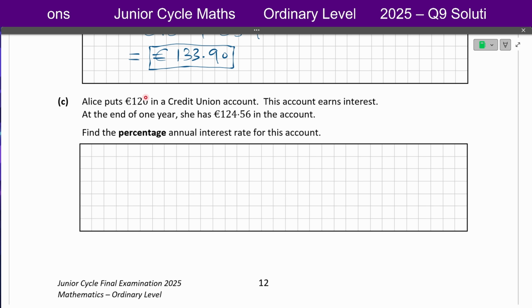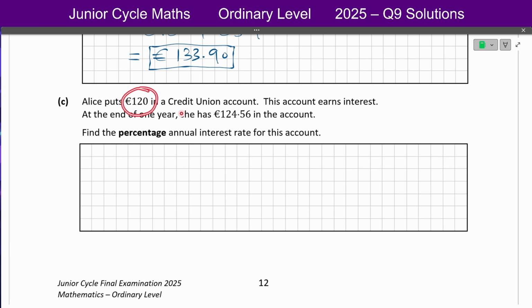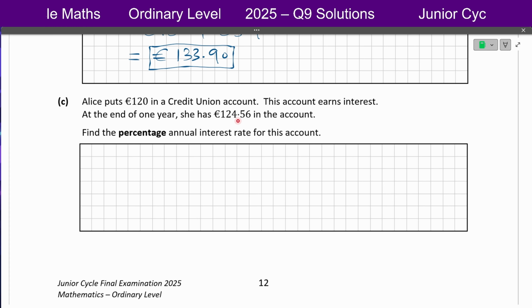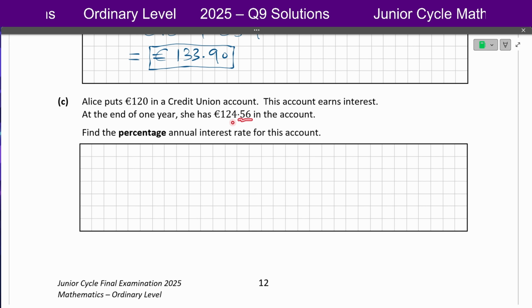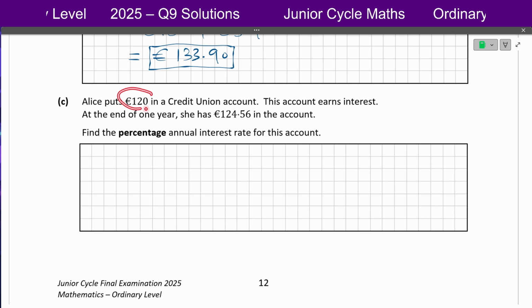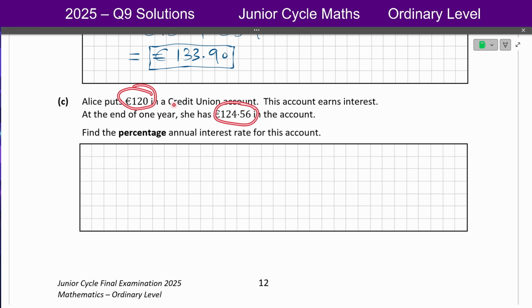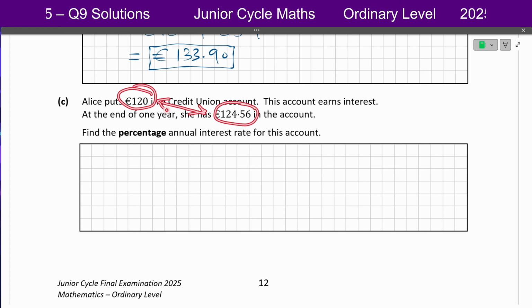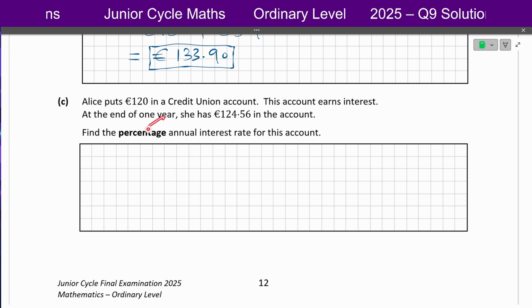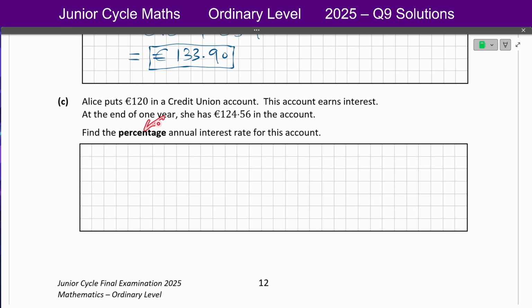She started with 120 euros, and after 1 year she has 124 euros and 56 cents. So the total amount of interest is the difference between those two numbers. We compute the total interest, and after that we convert it to percentage form.